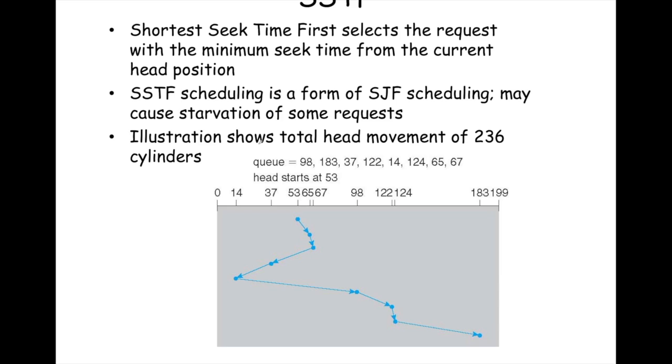Now, another approach is so-called shortest seek time first. What this does is order these cylinders for the request based on the minimum seek time from where the current head position is. This is a form of shortest job first. If I'm going to satisfy a request, I'm going to take the one with the shortest burst time.